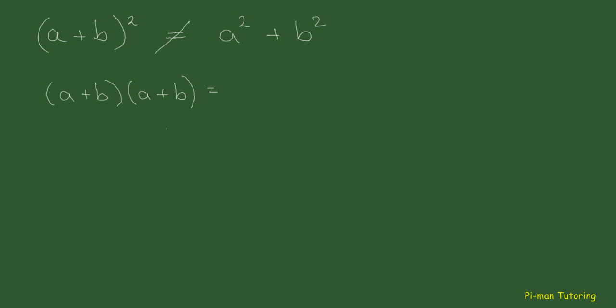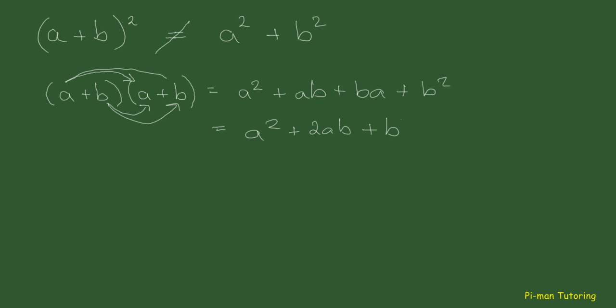And when we multiply brackets together, we have to apply the FOIL principle. So we get a squared plus ab plus ba plus b squared, which is a squared plus 2ab plus b squared.